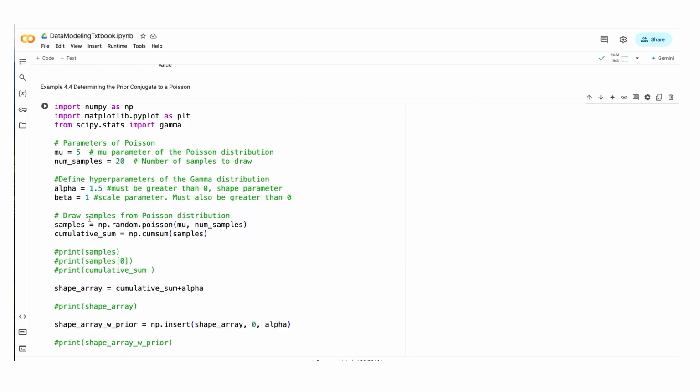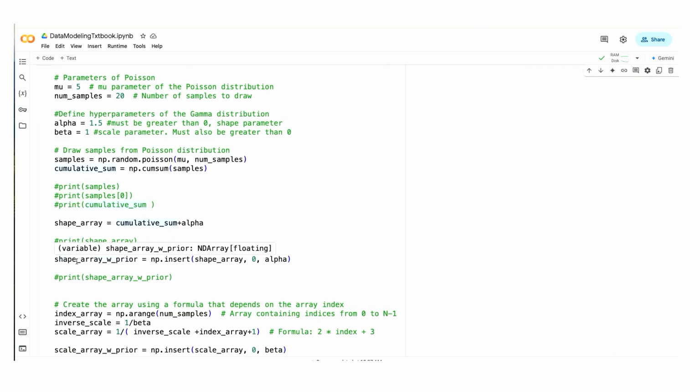Then I'm going to draw samples from my Poisson distribution, and remember, because I'm going to want to plot successive posteriors, I'm going to be taking the cumulative sum of my samples, which is required in order to plot my posterior gamma distribution.